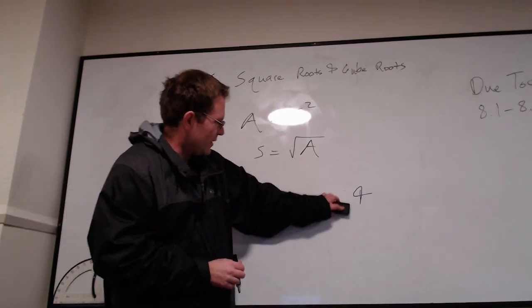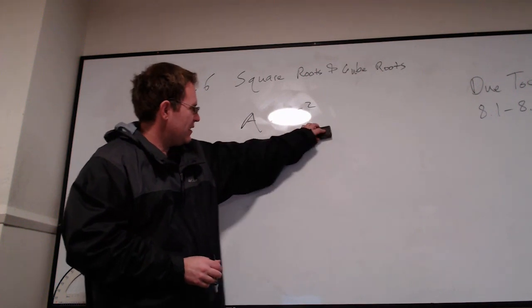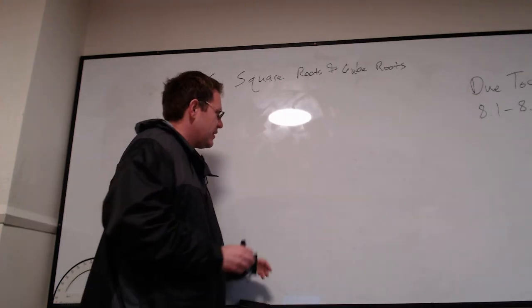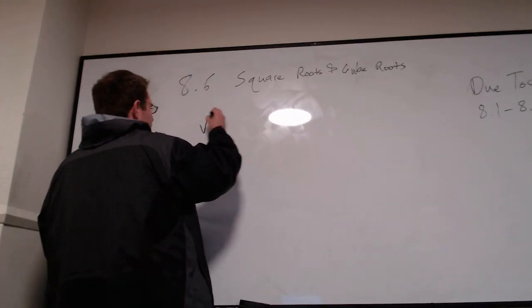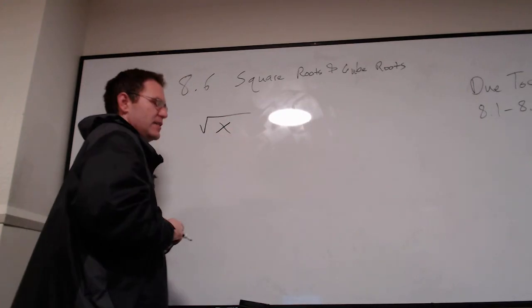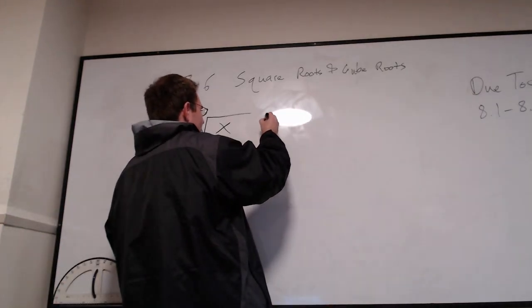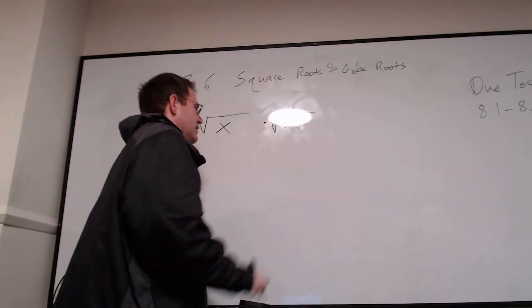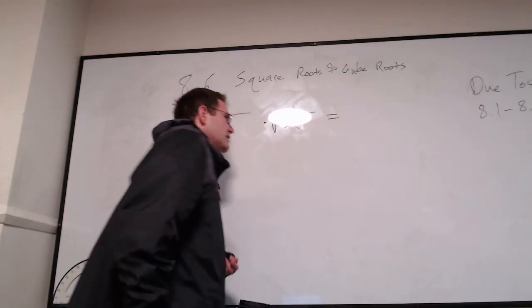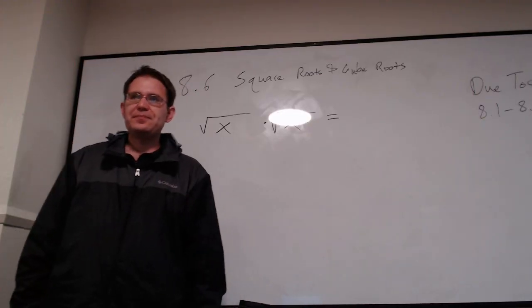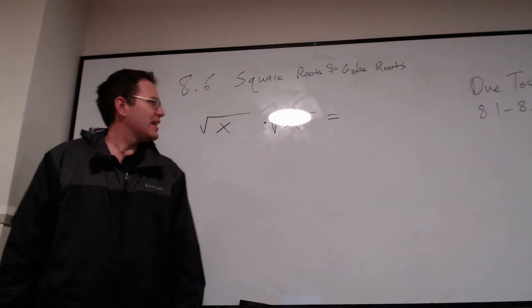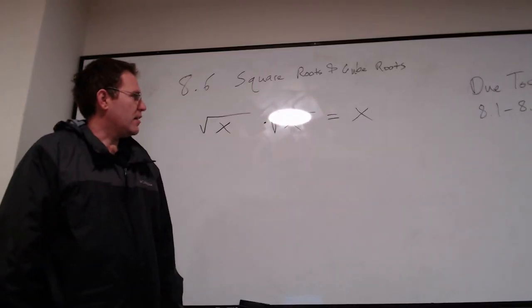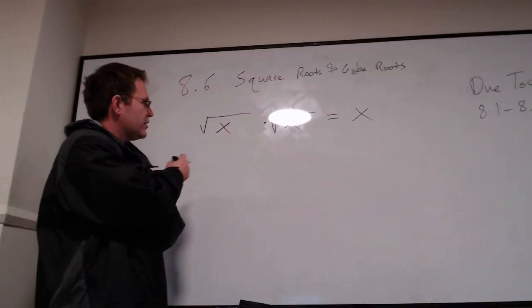There's another concept that we want to make sure we understand. If I have the square root of x, and then I'm multiplying it by another square root of x, what do you think that equals? Just x. Exactly.